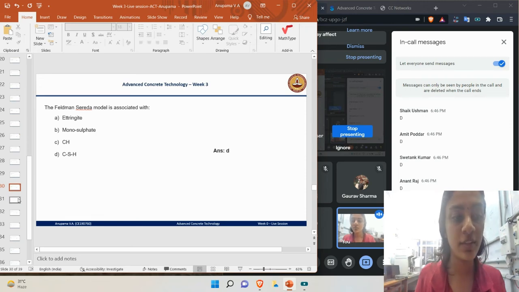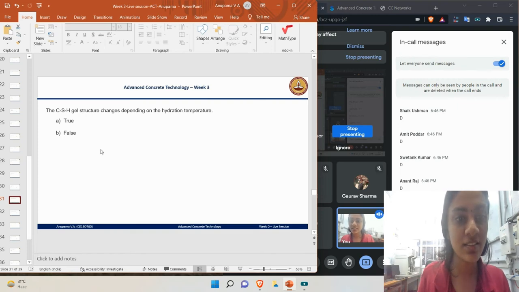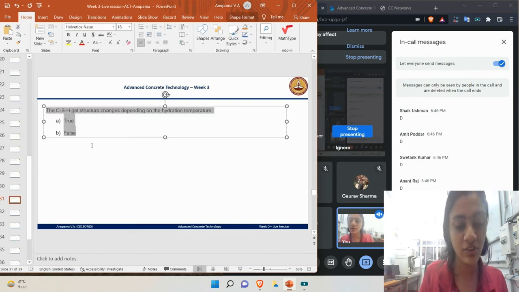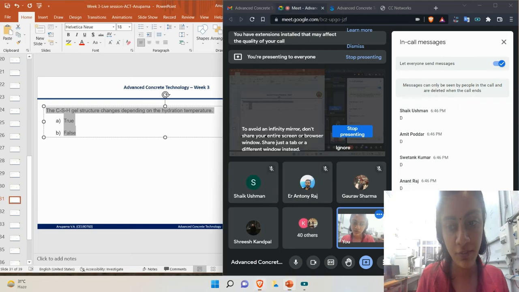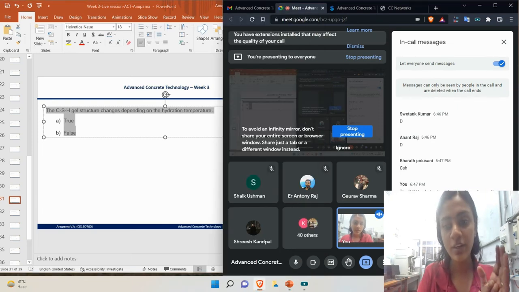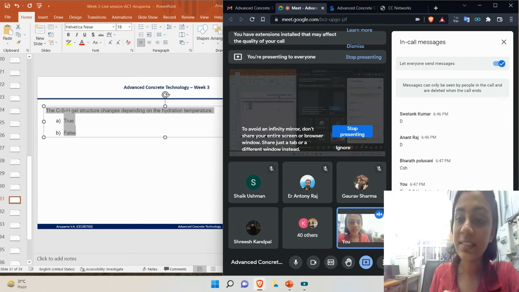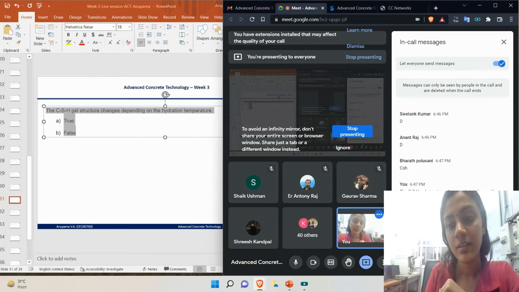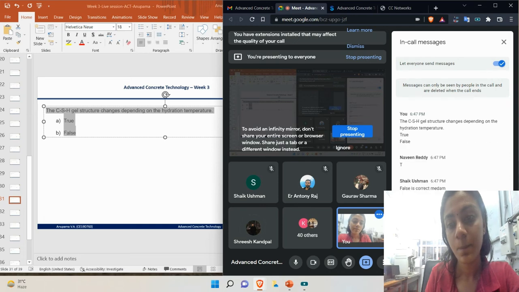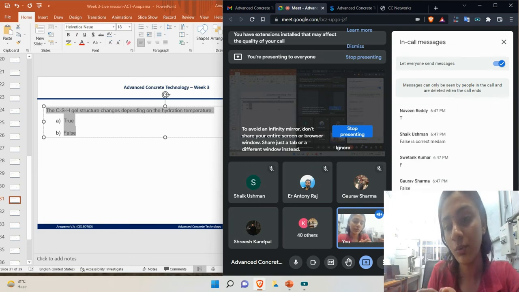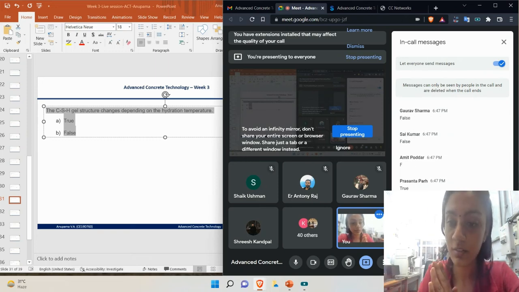Okay, so we move to the next question. The CSH gel structure changes depending on the hydration temperature. Carefully read the question. I'm talking about the CSH gel structure. It changes depending on the hydration temperature. It's just true or false. I got one true and four falses.